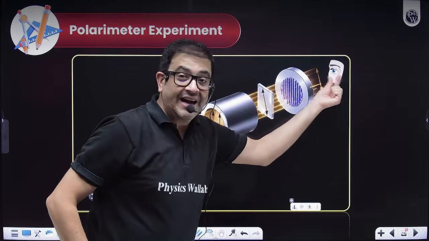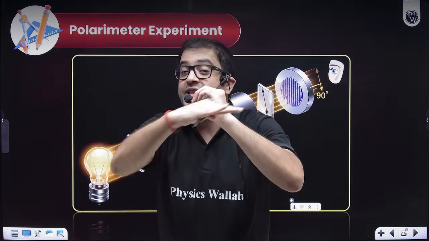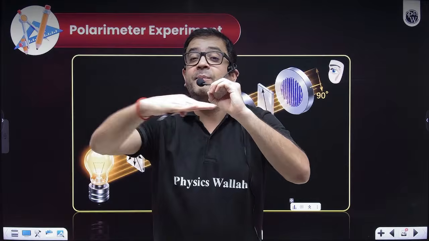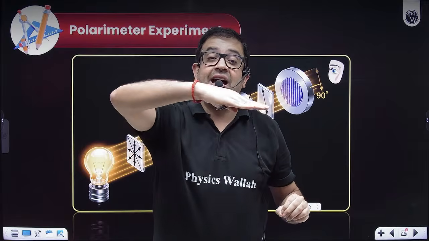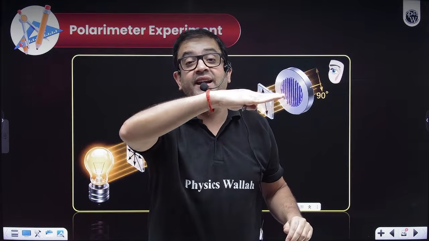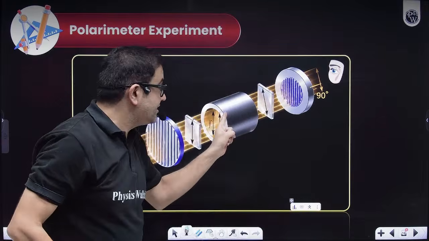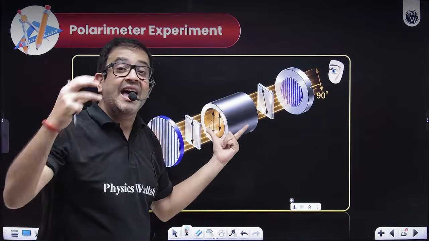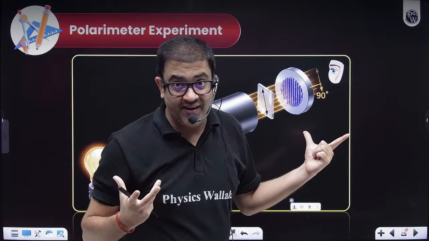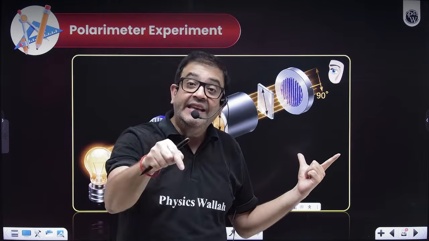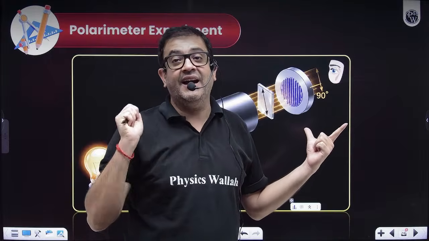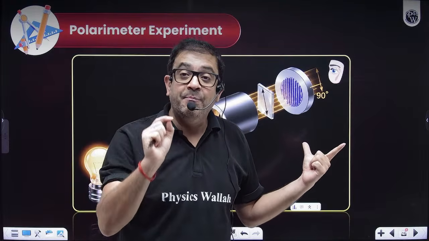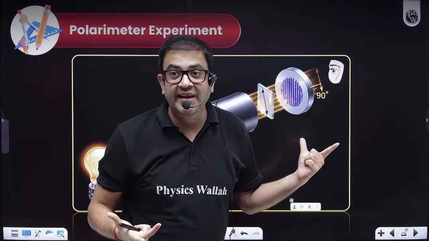Because through the eyepiece, whatever we see, we just observe the perpendicular plane of the polarized light, and that plane gets rotated. If it is getting rotated, that means the solution I have taken in my polarimeter has the capability to rotate the plane of polarized light. Then that compound is termed optically active. Else it is obviously optically inactive.